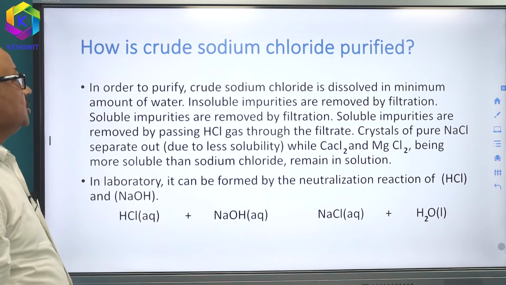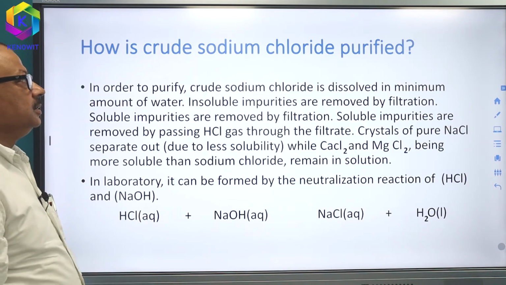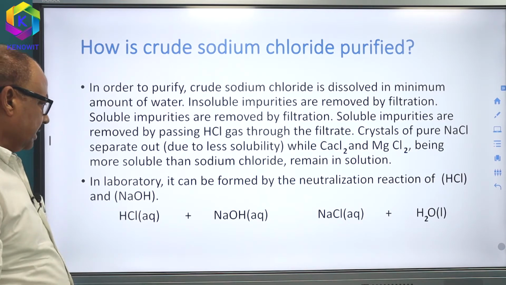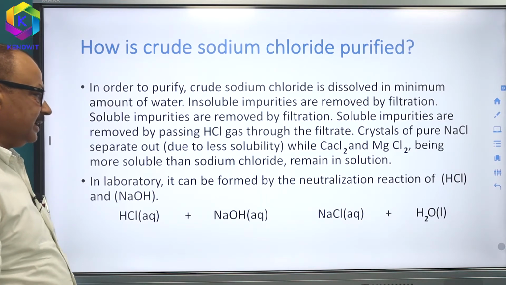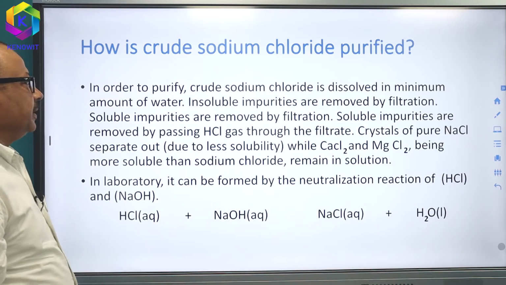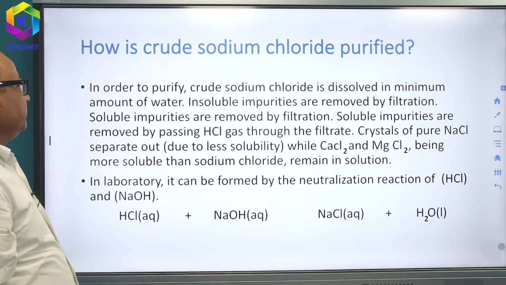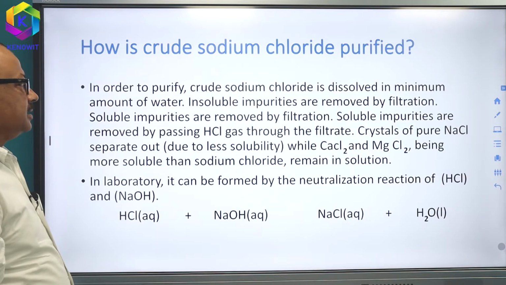How is the crude sodium chloride purified? Purification of sodium chloride: hydrochloric acid is treated with NaOH, giving NaCl plus water. In the beginning, in order to purify, the crude sodium chloride is dissolved in a minimum amount of water.